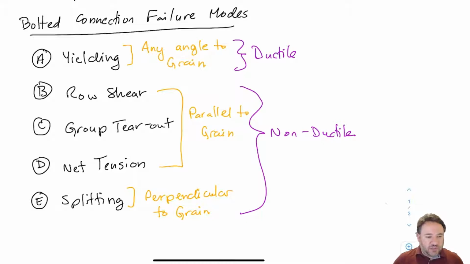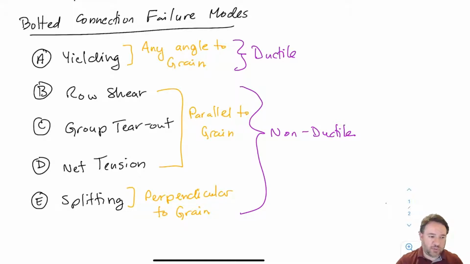So those are the parallel to grain failure modes, and then we have a perpendicular to grain failure mode, which is if I have my bolt like this and I'm pulling down, which means I'm pulling my wood across in the tension perpendicular to grain direction, which we have talked about at length as being generally a pretty bad idea if you can avoid doing perpendicular to grain stresses, because it's the absolute weakest way that you can load a piece of wood.